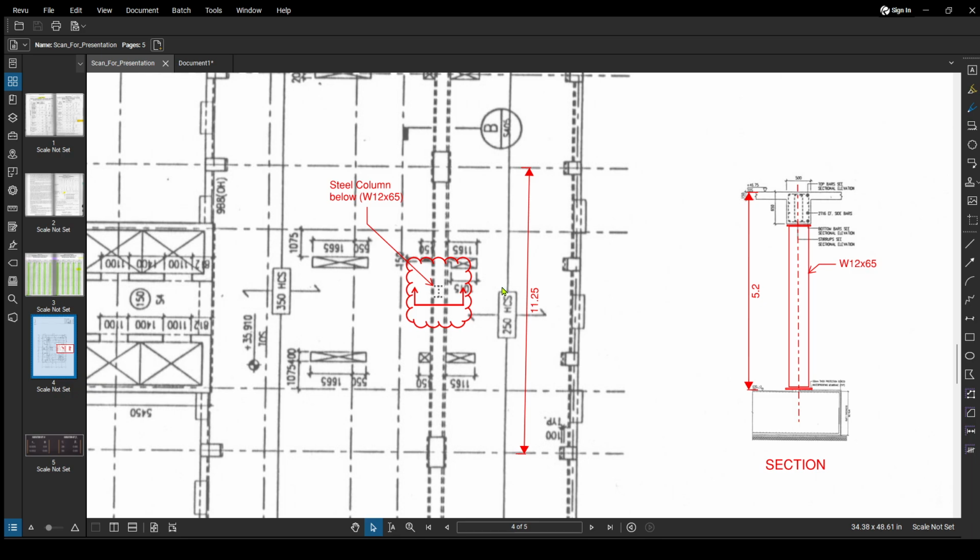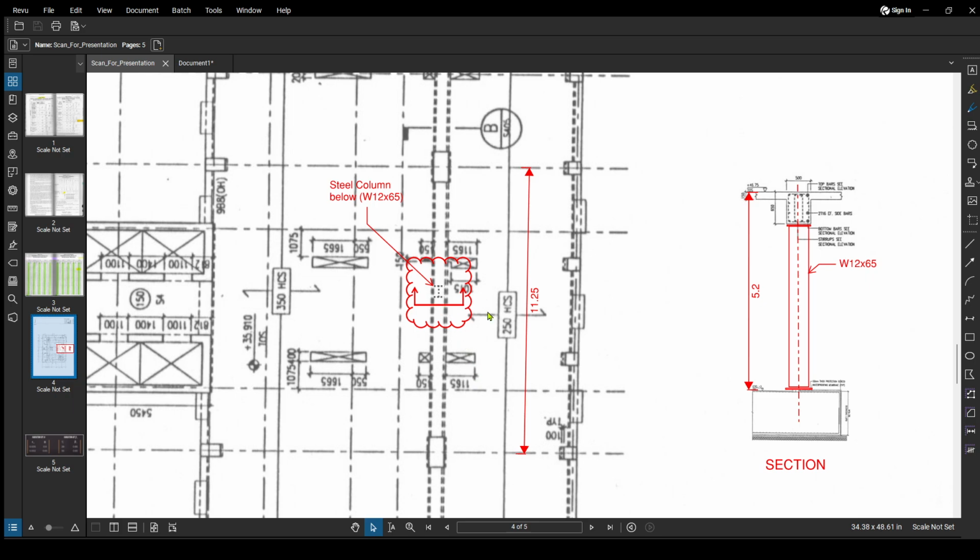The client was proposing to change the purpose of this area, where the live load is almost doubled from what was previously considered in the design. We found out from our investigation that this beam could no longer handle the additional imposed load.